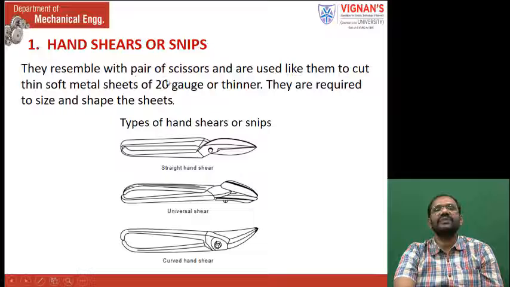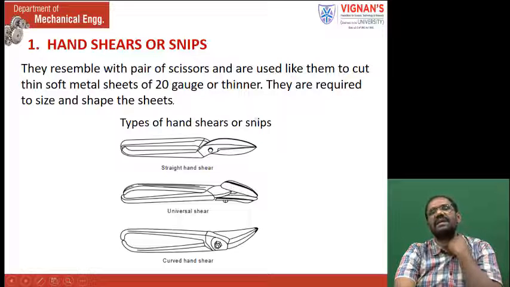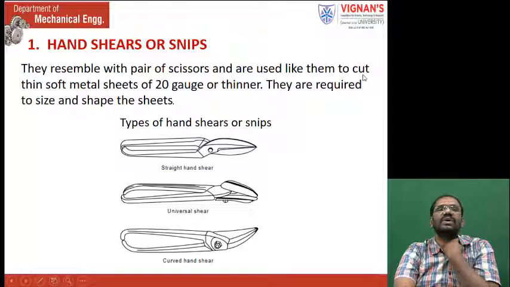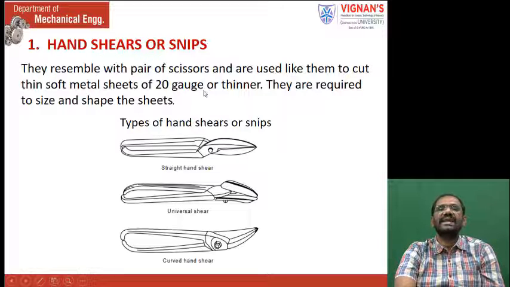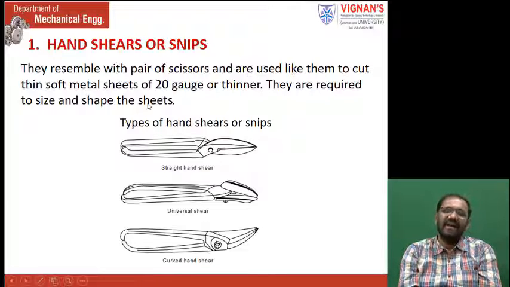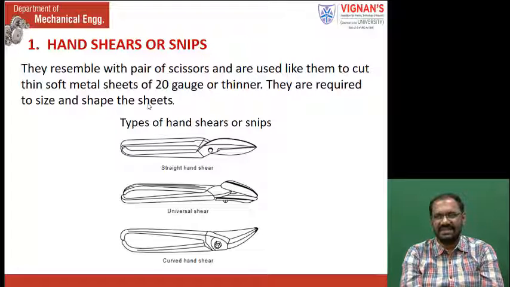They resemble a pair of scissors, and are used like them to cut thin soft metal sheets of 20 gauge or thinner. Sheet metals generally, instead of thickness in the old style, they measure in gauges. So 20 gauge, 25 gauge.